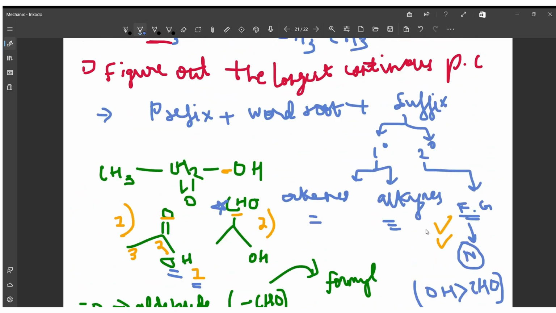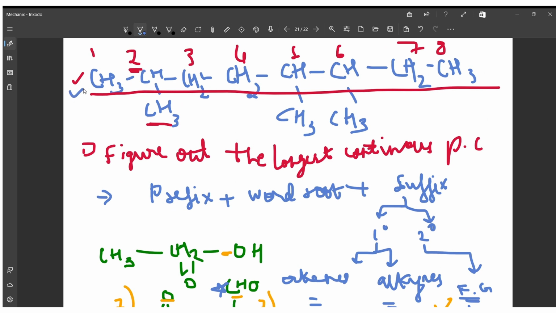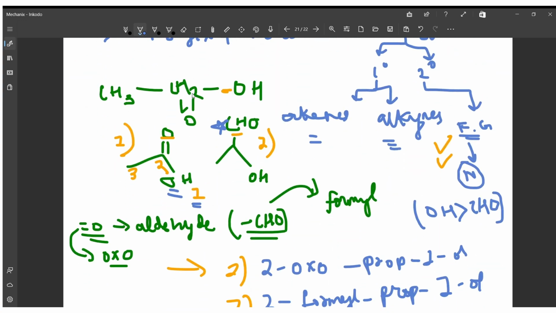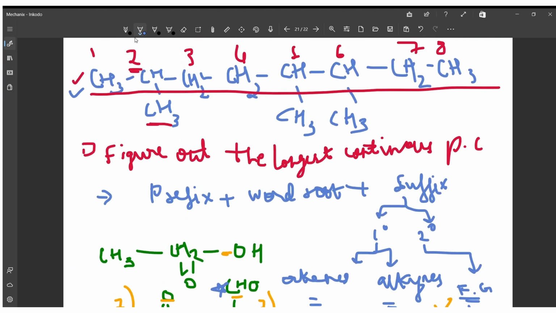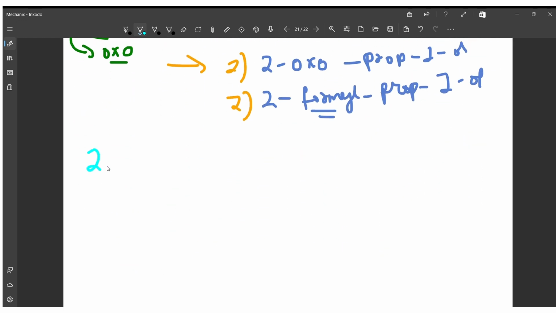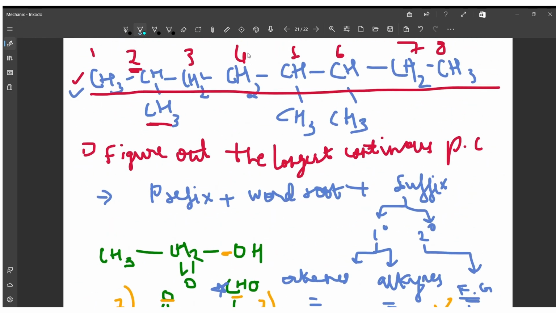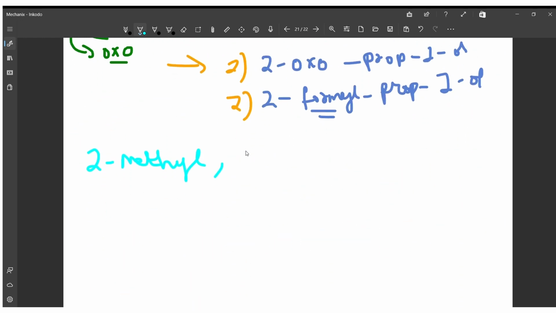So similarly, let us now name this compound we've gotten previously. So the answer for this one would be 2-methyl. We see a methyl at the position number 2, then we see a methyl at position number 5, then we finally figure out a methyl at position number 6. So 2-methyl, 5-methyl, and 6-methyl.